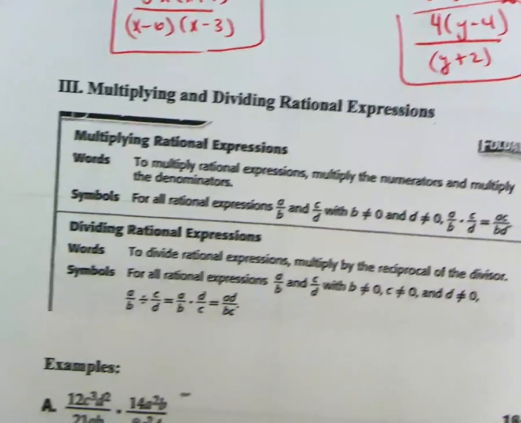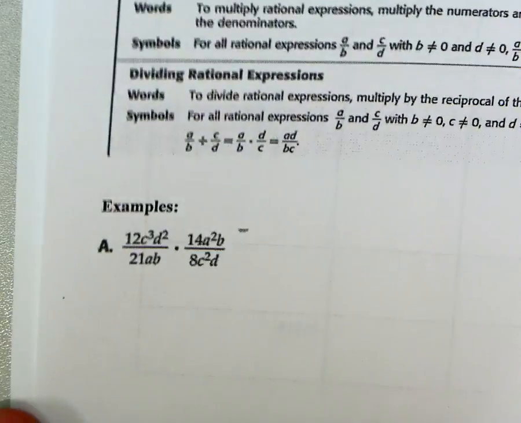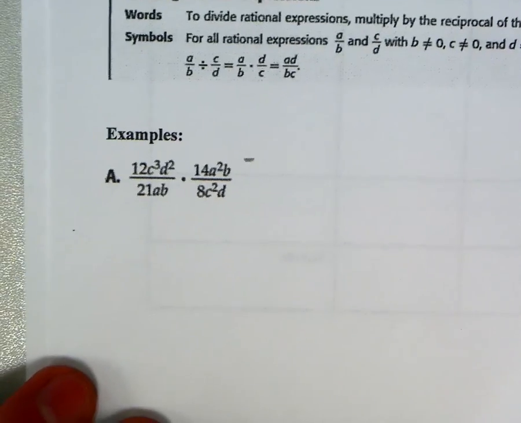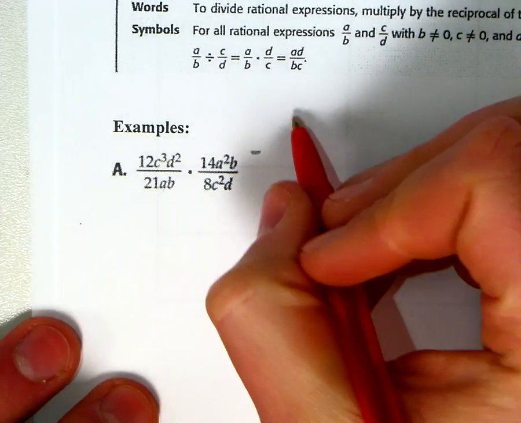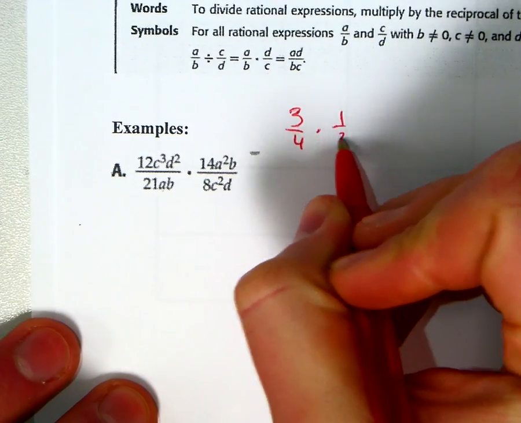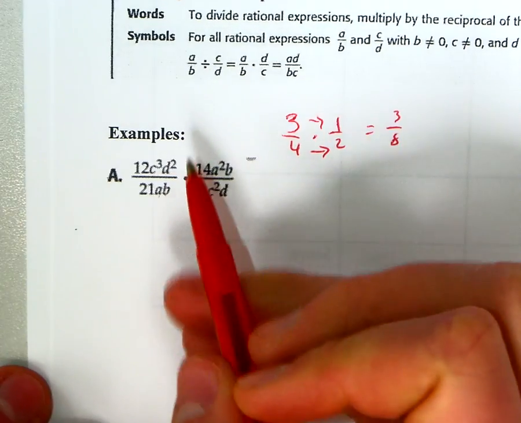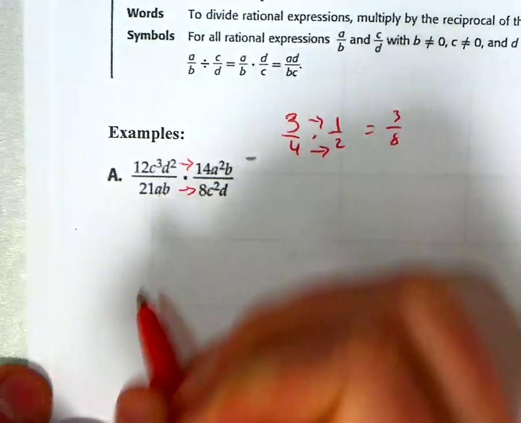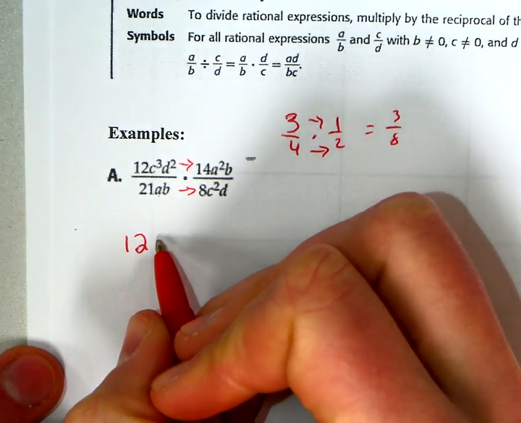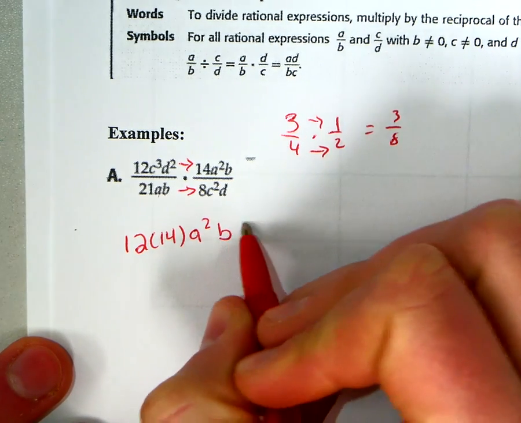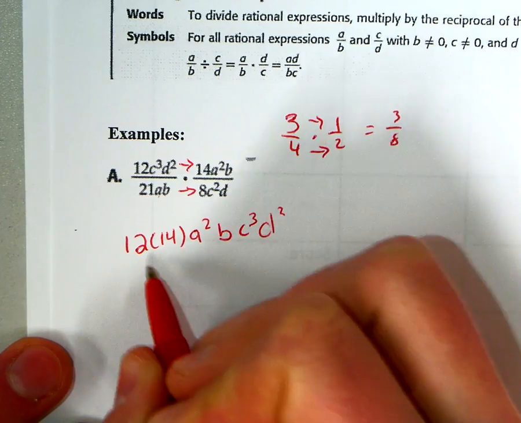Going to the second thing with multiplying and dividing rational expressions, we have this multiplication going on. And what you do with fractions, right, so if I had 3/4 multiplied with 1/2, you multiply across and you get 3/8. We're going to do the same thing, we're just multiplying fractions. So I have 12 times 14, a squared, b, c to the third, d squared.